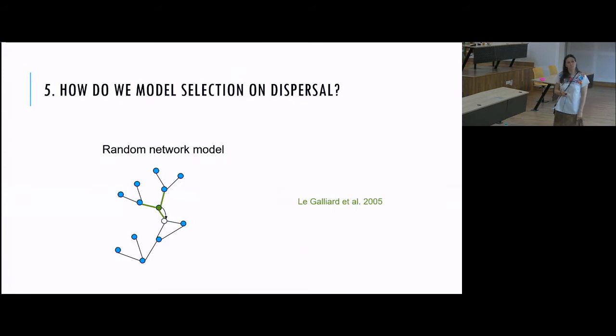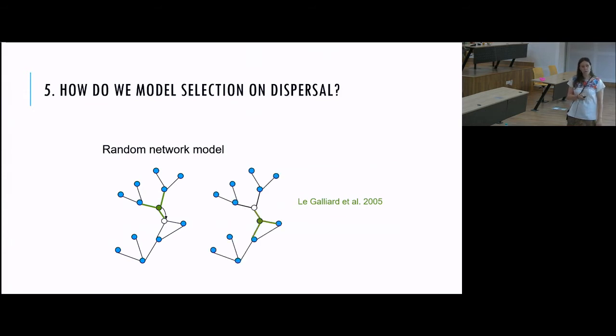Then there have also been some attempts, which have not really been used so much but are interesting, to look at random network models to describe dispersal. Here the idea is that a patch is connected to some other patches, so it's not equally connected to all the patches in the metapopulation. You can disperse if a patch is freed by the death of individuals next to you, for instance, but you cannot disperse to an empty patch somewhere else.